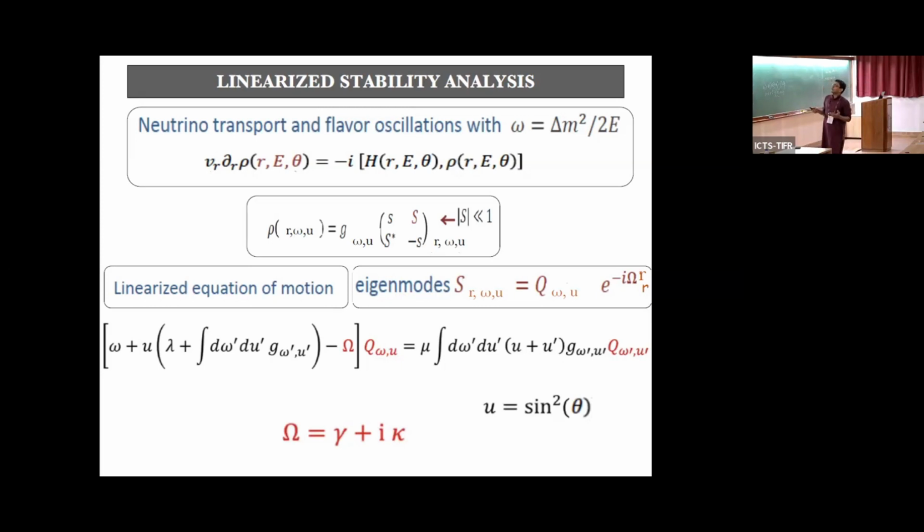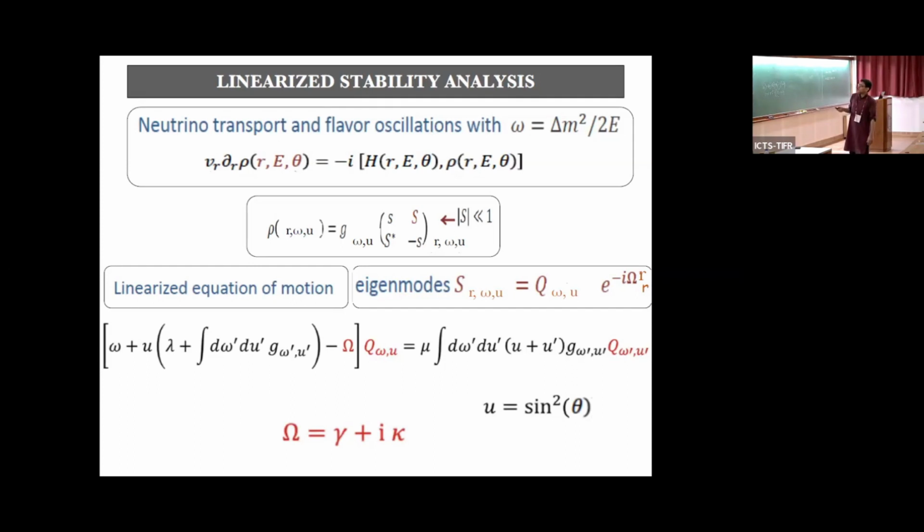This is the kind of scenario I take. I put it back into my evolution equation, and this is the equation you get. If you look at it carefully, you are actually solving for this Q, and as you can see, for the Q I have a linear equation because I have got rid of all the nonlinear terms.